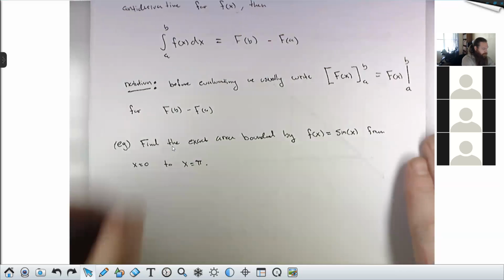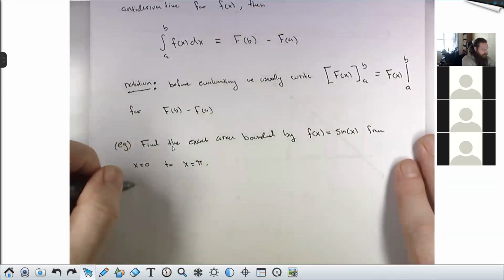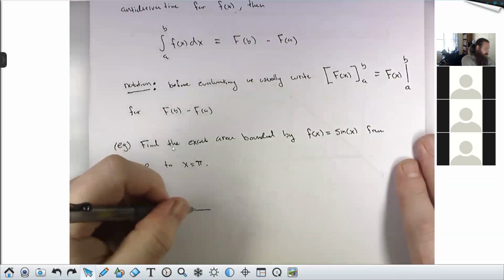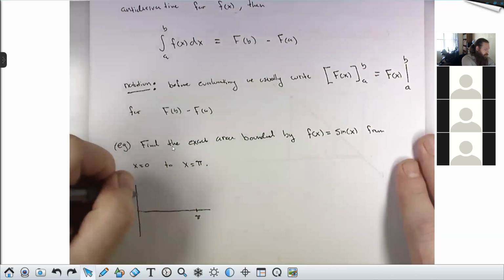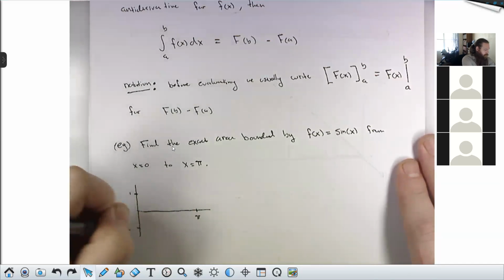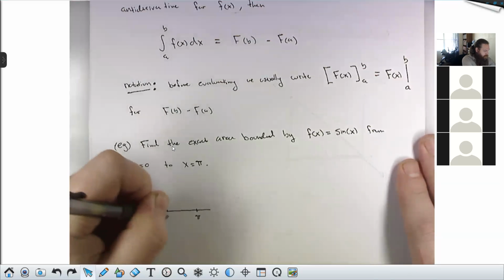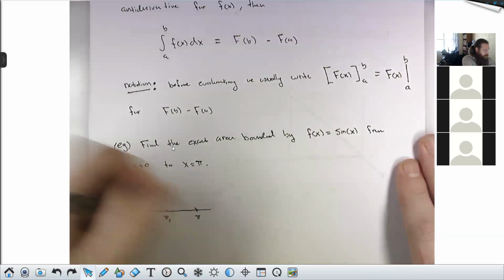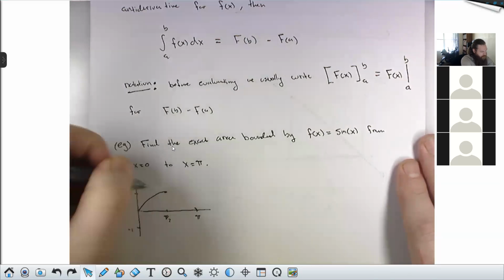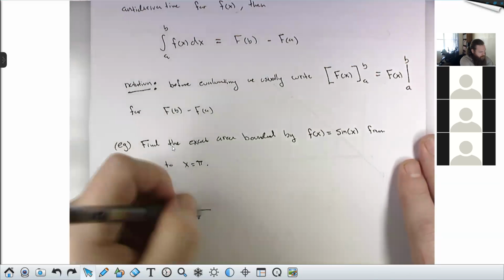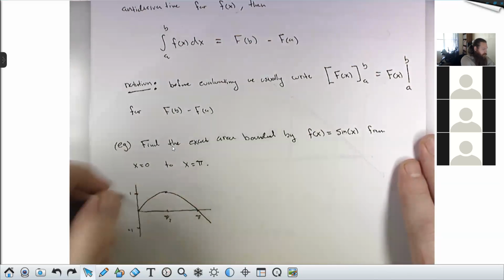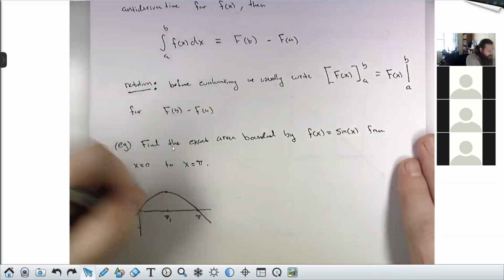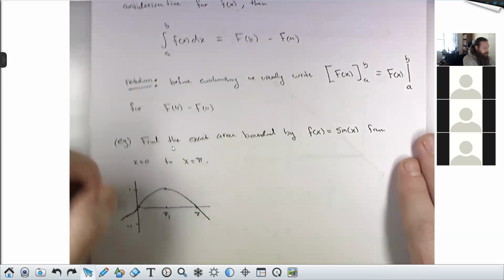Well, we know that area, I can sketch sine really quickly. All right, we know this is what the sine function looks like from 0 to pi, and then it continues doing its little wavy thing.